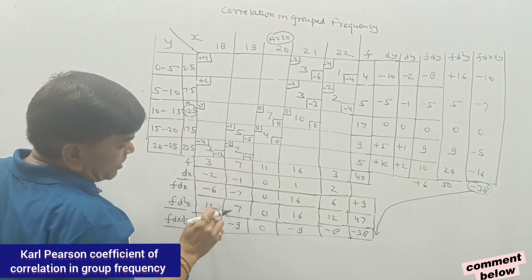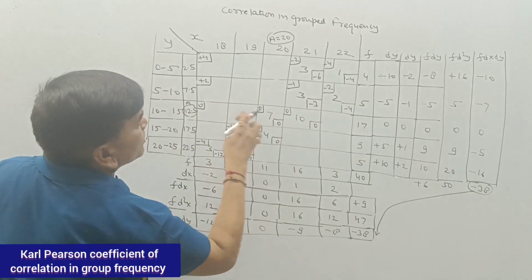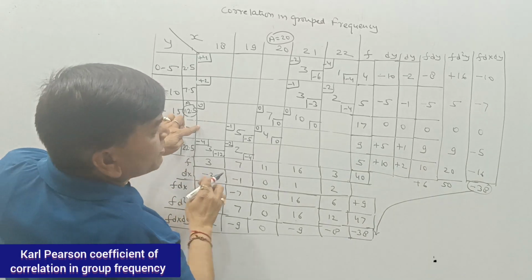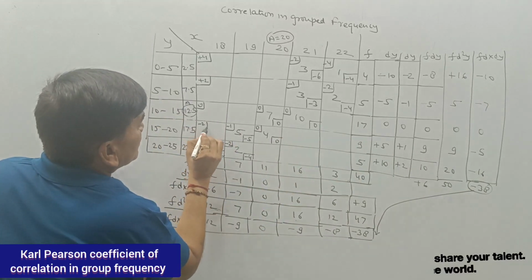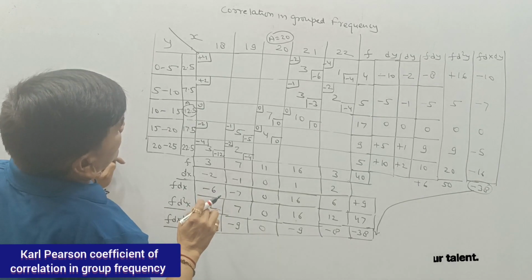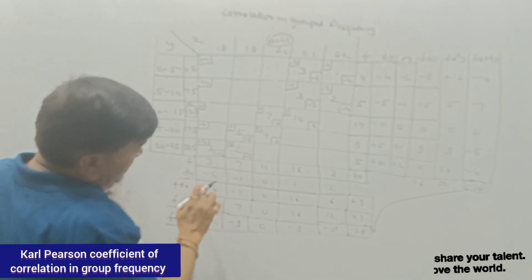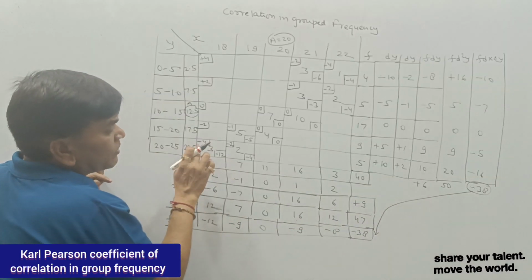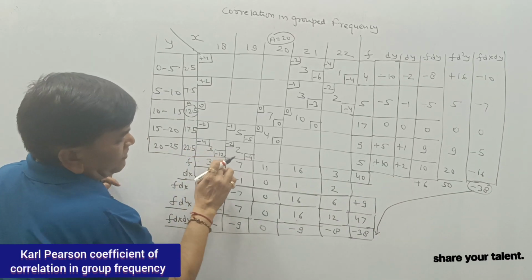Here 0, because minus 2 multiplied by 0. Next minus 2 multiplied by plus 1, that is minus 2. Okay. Last one, minus 2 multiplied by plus 2, that is minus 4. Minus 4 multiplied by 3 is minus 12.